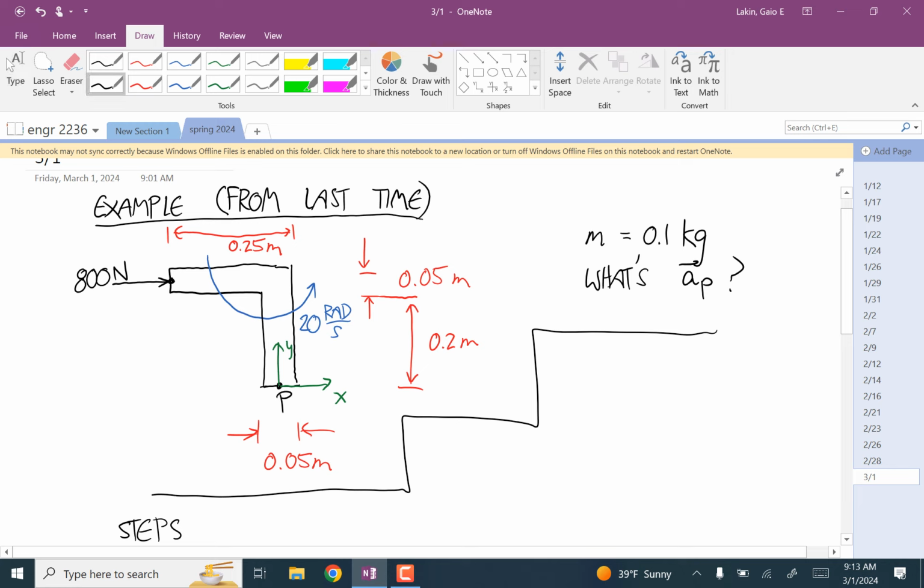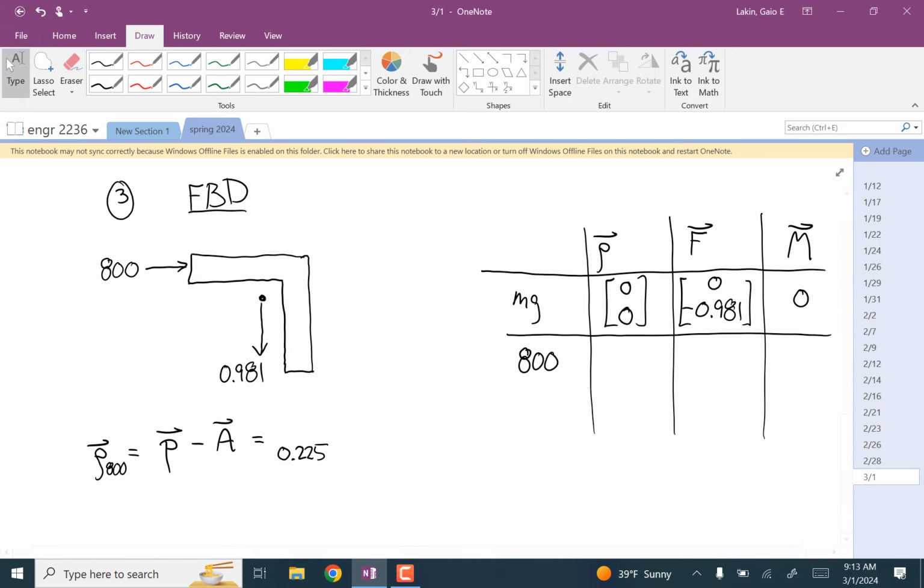And then for the x coordinate of where that force is applied, it's going to be in the negative x direction, and it's going to be a distance of 0.2 plus another 0.025. So this is going to be negative 0.225.